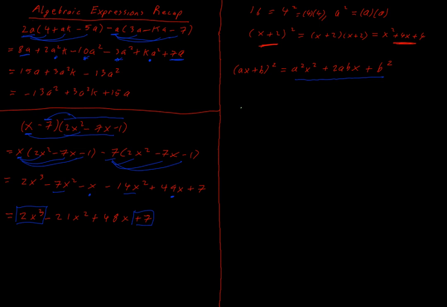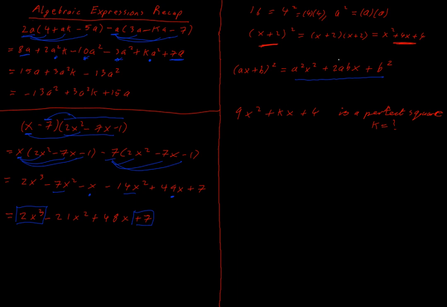If I have a quadratic expression like 9x squared plus kx plus 4, and I'm told that this is a perfect square, I can use that to find the value of k.